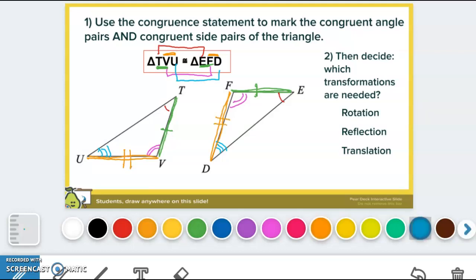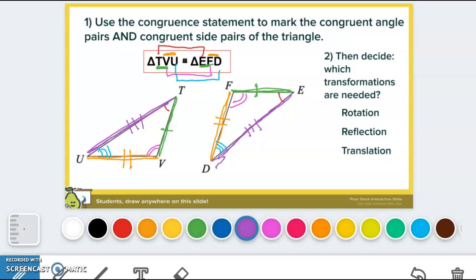And then the last side is this one, and that's the TU, or the first and the last, DE. That should match up. And so I can put 3 notches here to say that those 3 side lengths match up.